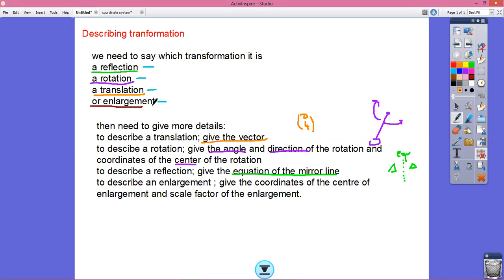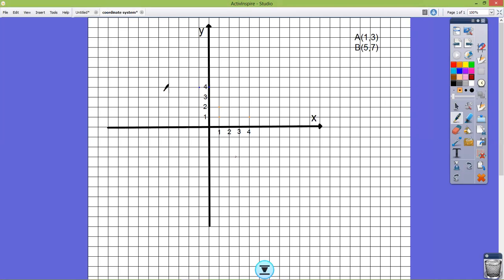Now for the enlargement, what do we need to give? To describe an enlargement, give the coordinates of the center and add the scale factor. We studied the scale factor, we know how we are going to find it. Okay, let's go and find an equation of a mirror line.